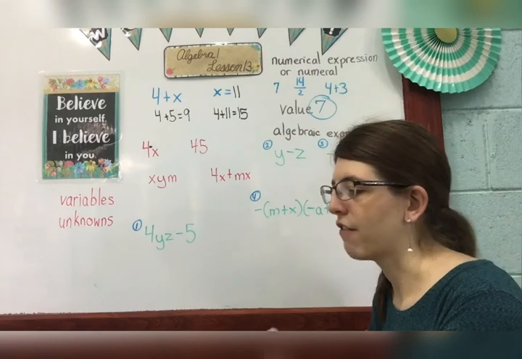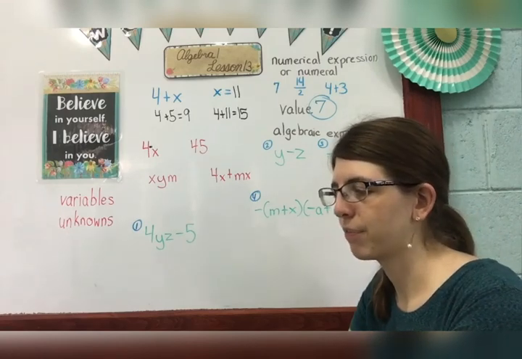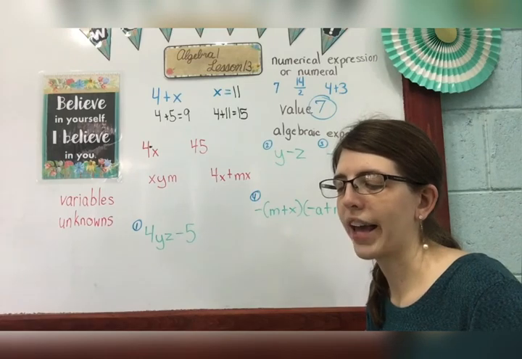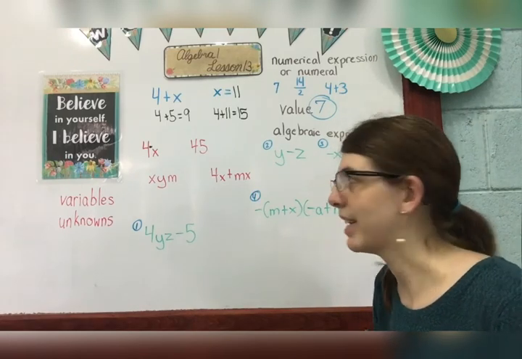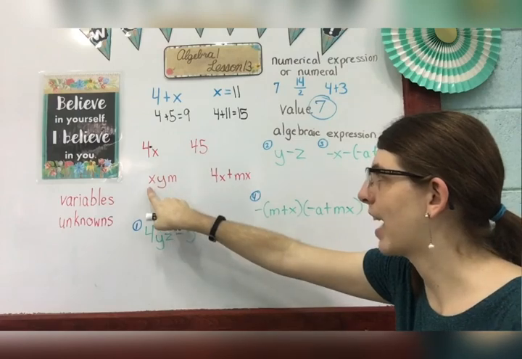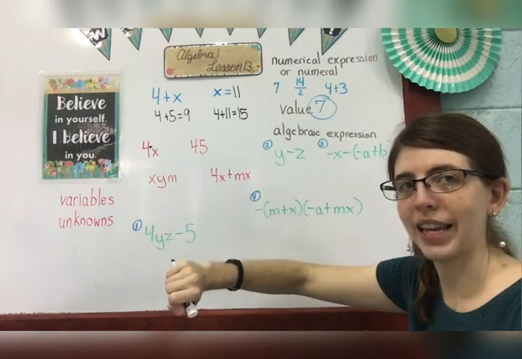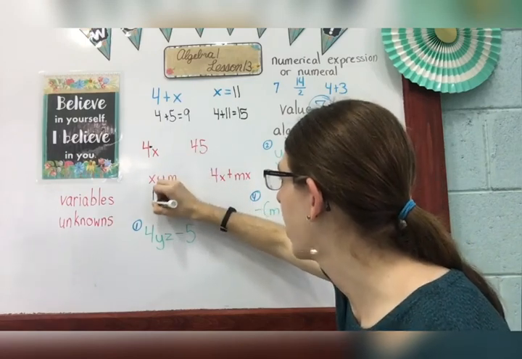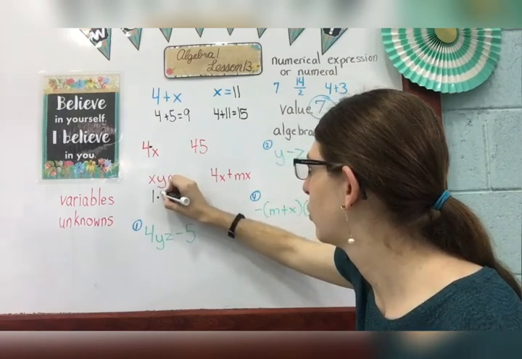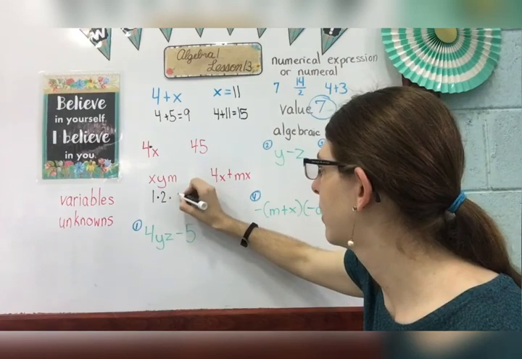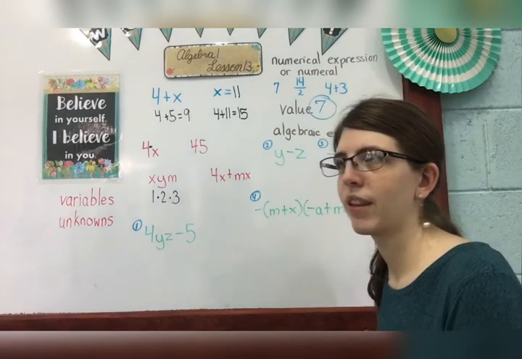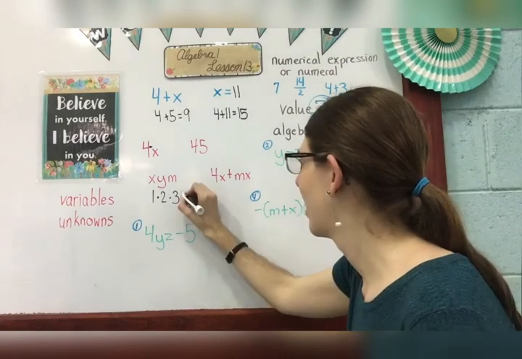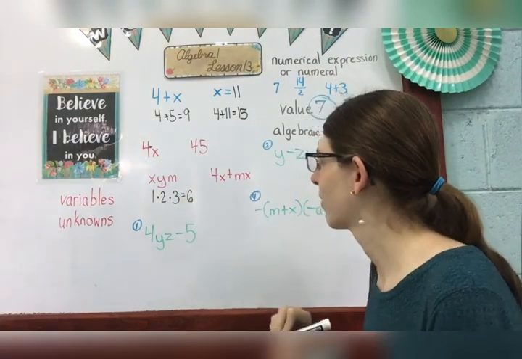So if I say evaluate this if x is 1, y is 2, and m is 3, then I put the numbers that these letters stand for in place of the letters. So I have 1 times 2 times 3. And then I multiply it across. 1 times 2 is 2, times 3 is 6. And that's your answer.